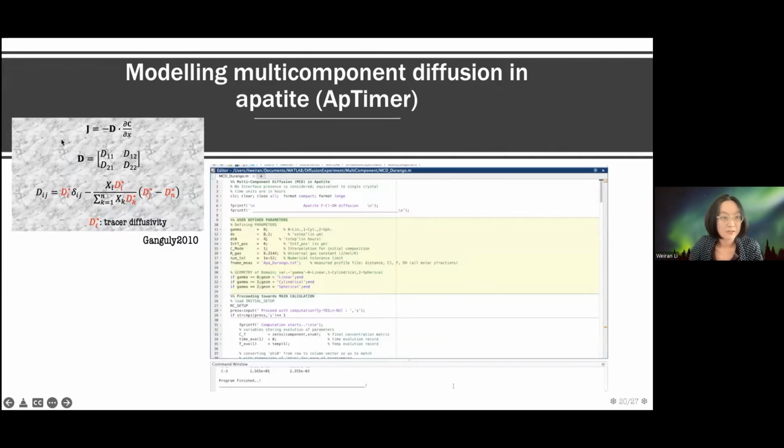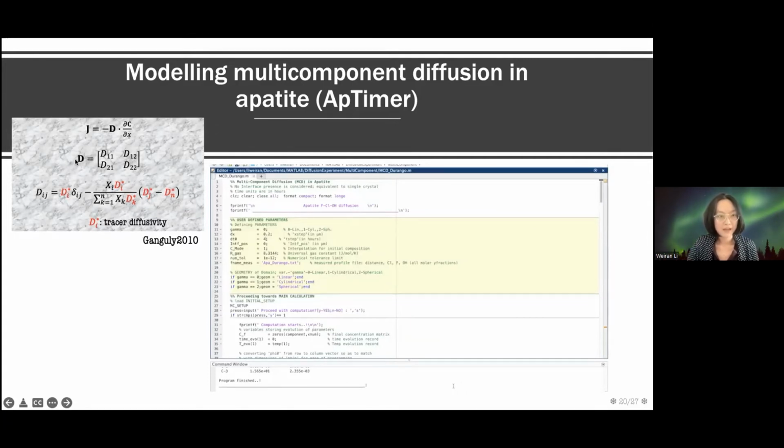Here I show some classic equations for the flux, diffusivity, concentration, and distance relationship. The diffusivity in such a multi-component diffusion system is not a single value, but a matrix.